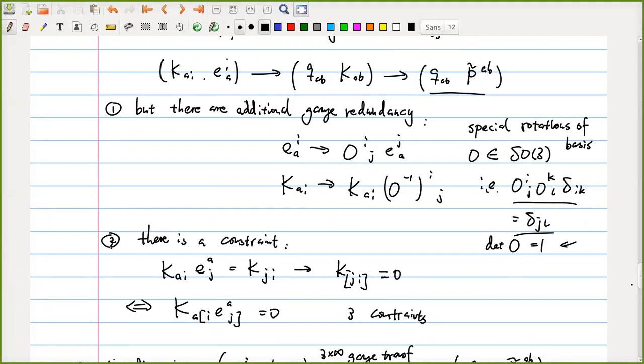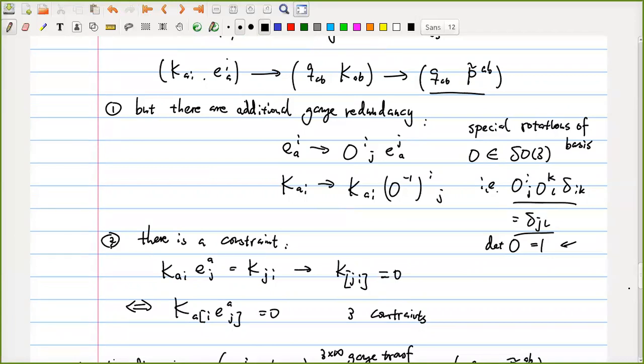Okay. So any other question? Maybe before doing this process, we need to prove that K is a conjugate momentum of E, right?